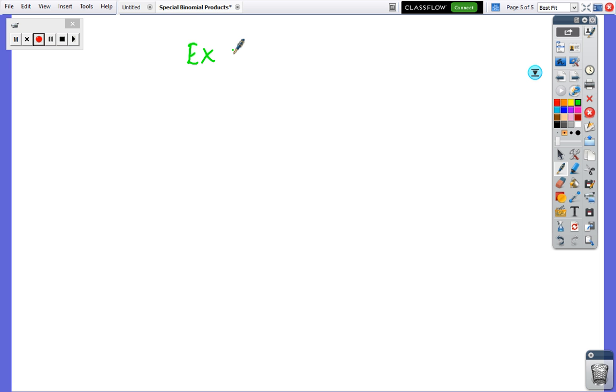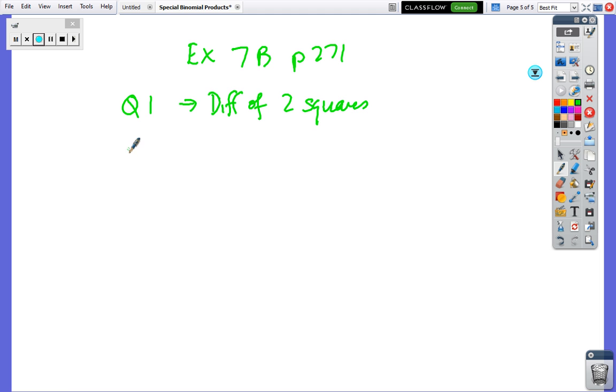Exercise 7B on page 271. Question 1 is the one which I've called the difference of two squares, and also question 2, the same thing. Question 3 has some good ones.